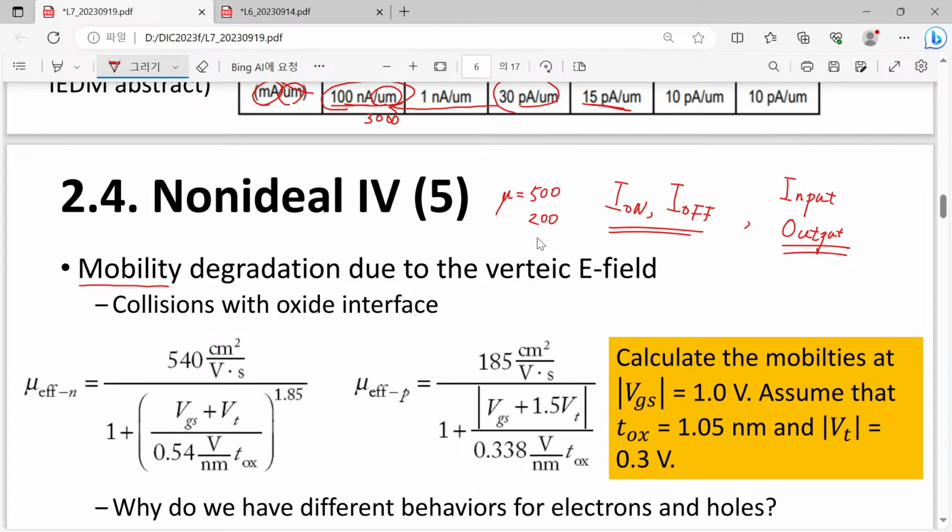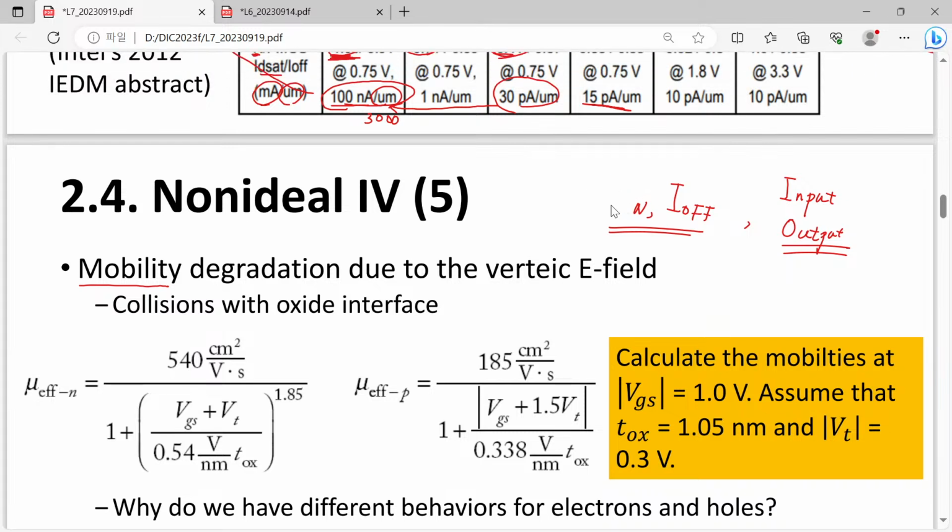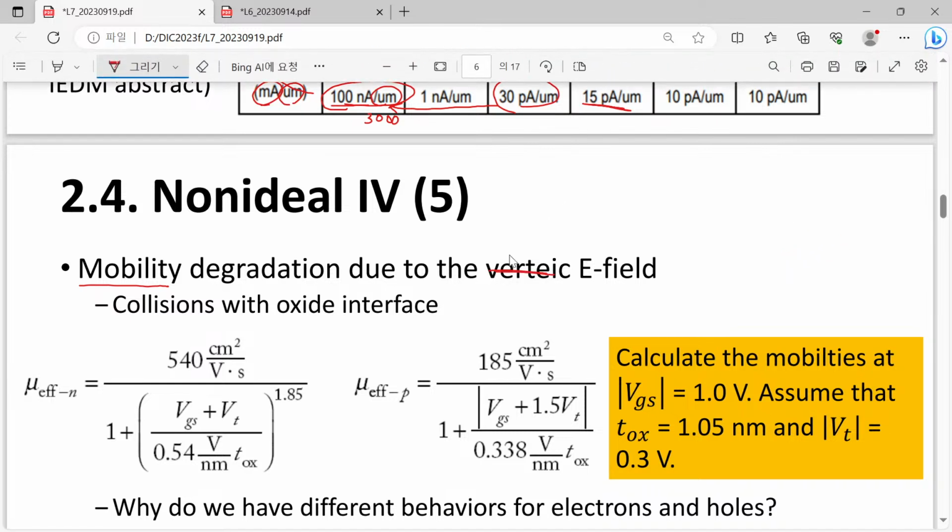So in many exercise homework problems, you will see the constant value. But unfortunately, the mobility is a severe function of vertical, so I made mistakes, vertical electric field.